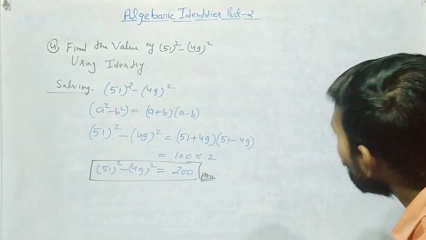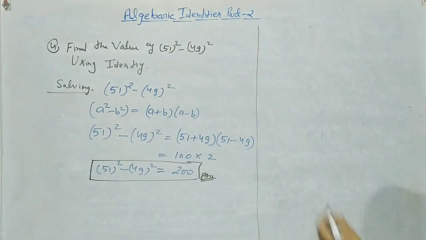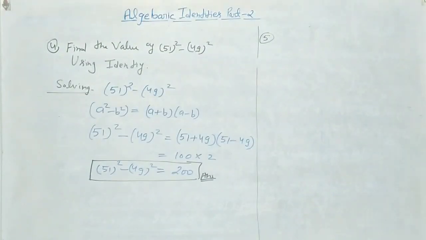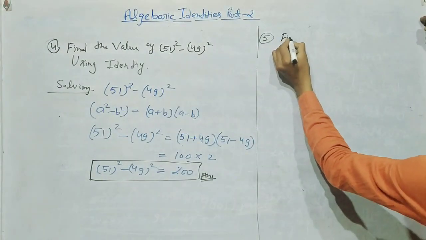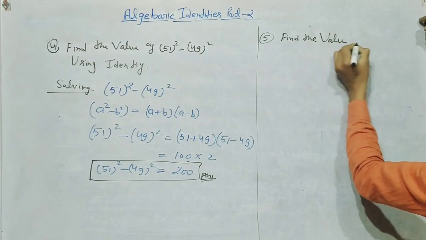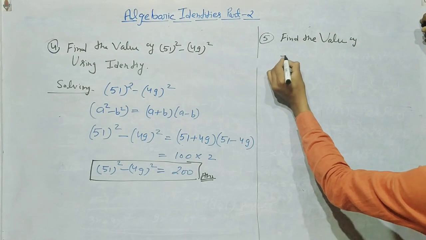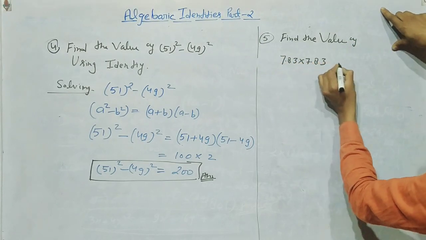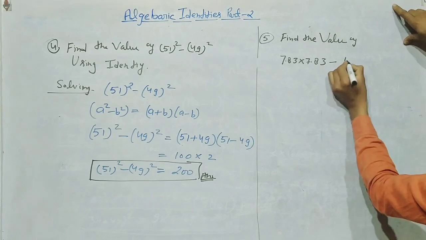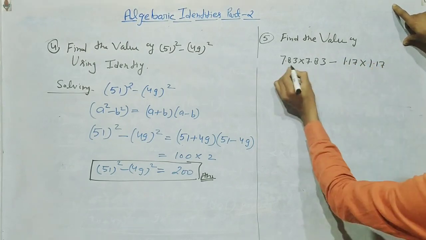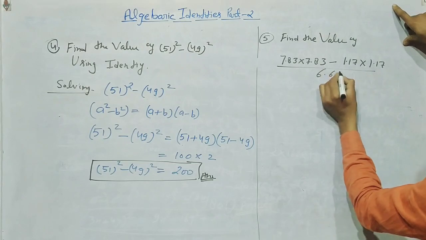Clear? Now we are going to the next question. Our next question, number 5, is: find the value of 7.83 into 7.83 minus 1.17 into 1.17 upon 6.66.